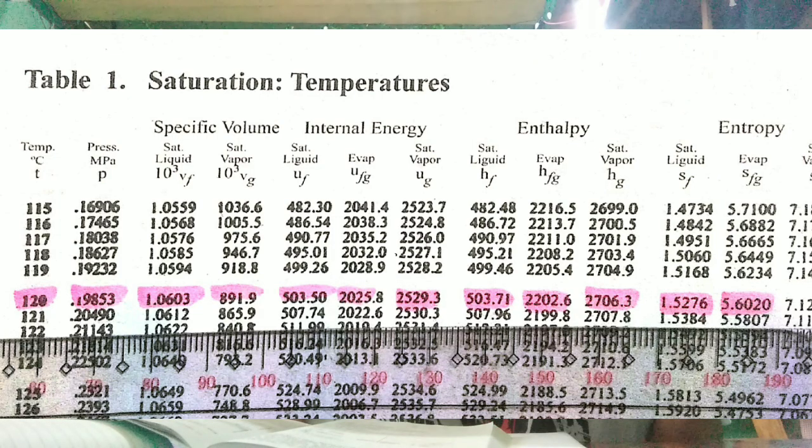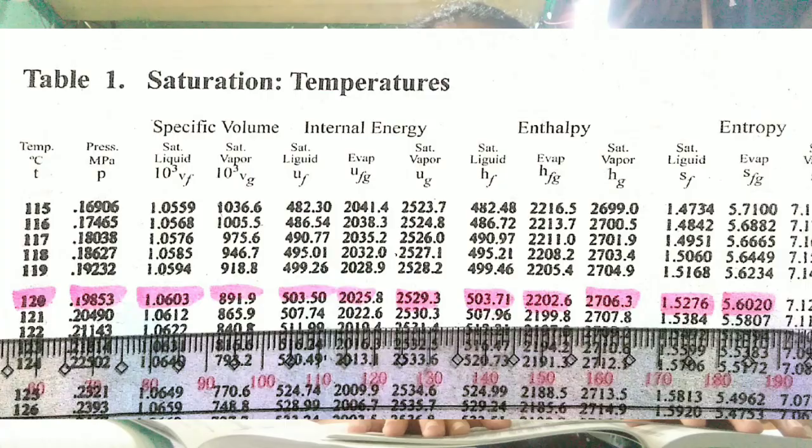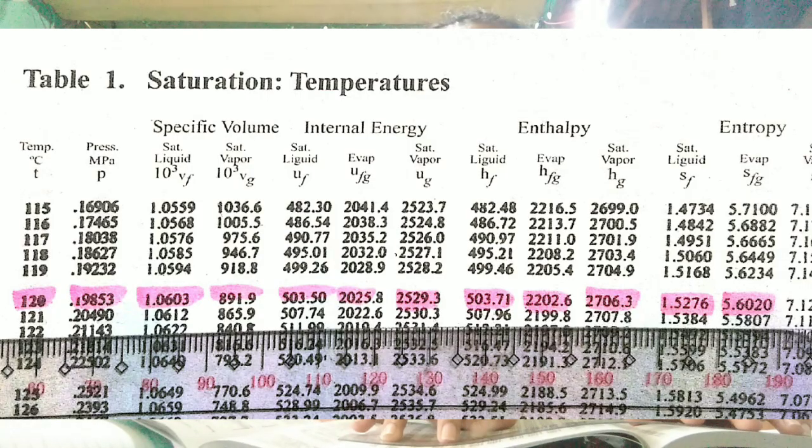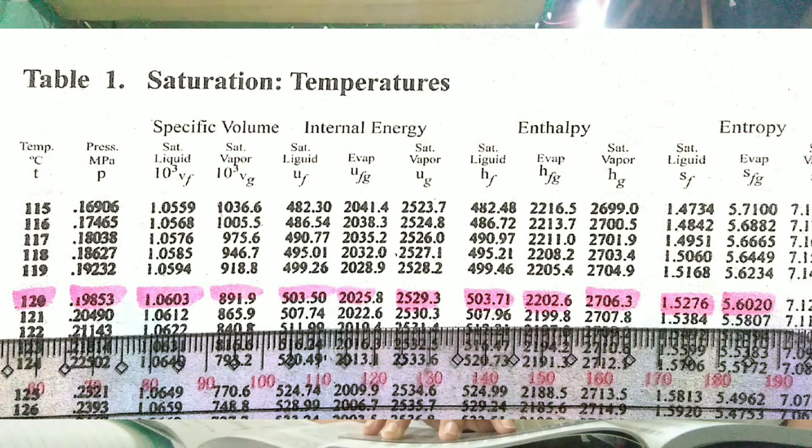What we will do is find it in table 1, since it is pressure-temperature. Using this ruler, so we can locate it easily, you can see 120 degrees Celsius. The pressure in megapascals is 0.19853. So we got our pressure, 0.19853 megapascals, and we have solved the P.